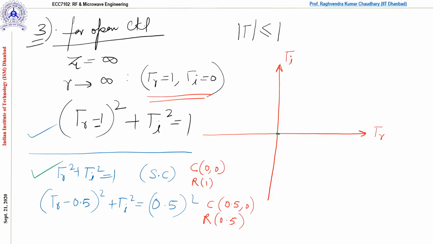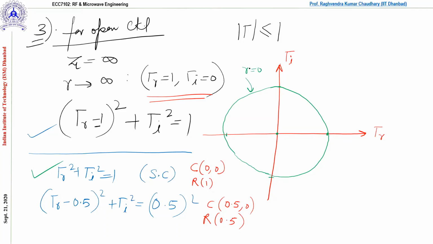So this is the center, and what is the radius? Is 1. Let's say this is 1. Fine. This is 1. Okay. So this is one circle. This is for what? This is for R is equal 0.